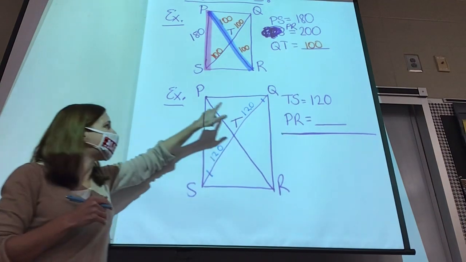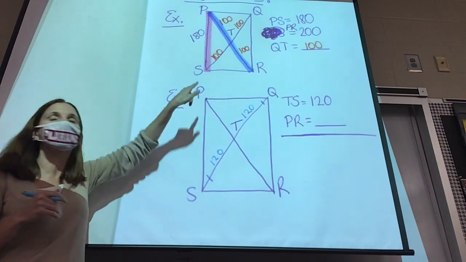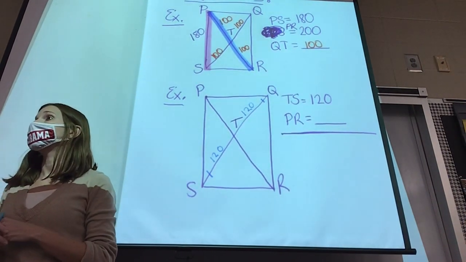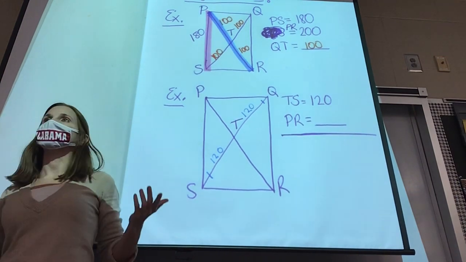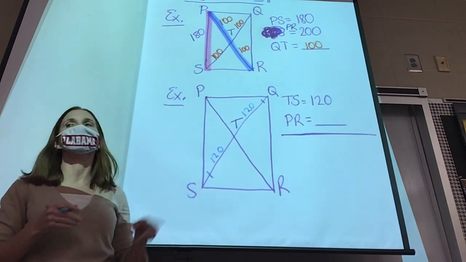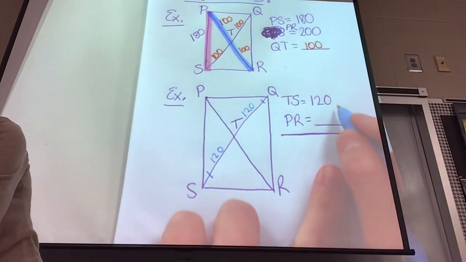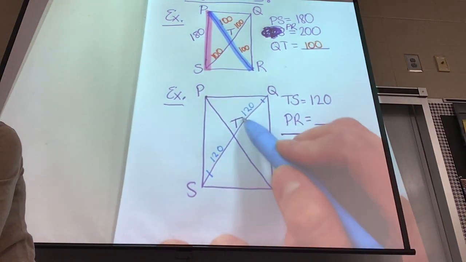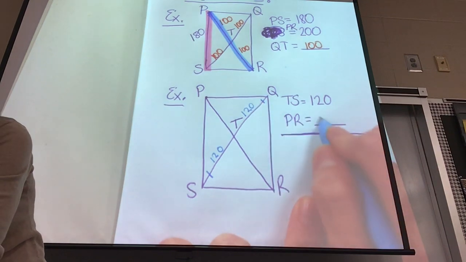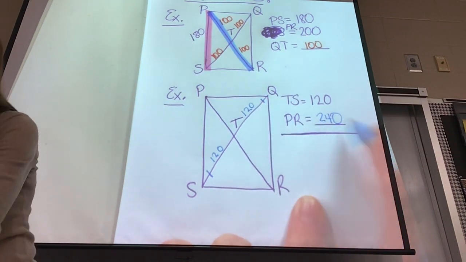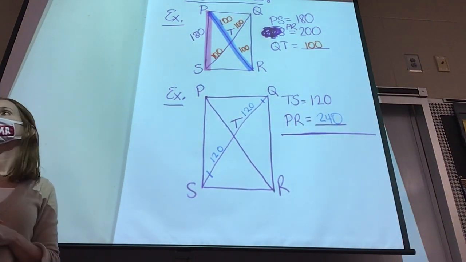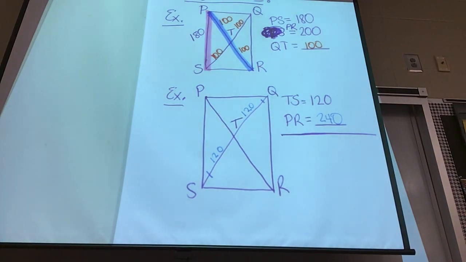But if I want PR, which is the other line, what is it? It's 240 because it's the same exact thing as that line. So 120 plus 120 is 240, and both lines are exactly the same. Okay? So if I know one, I can automatically find the other.